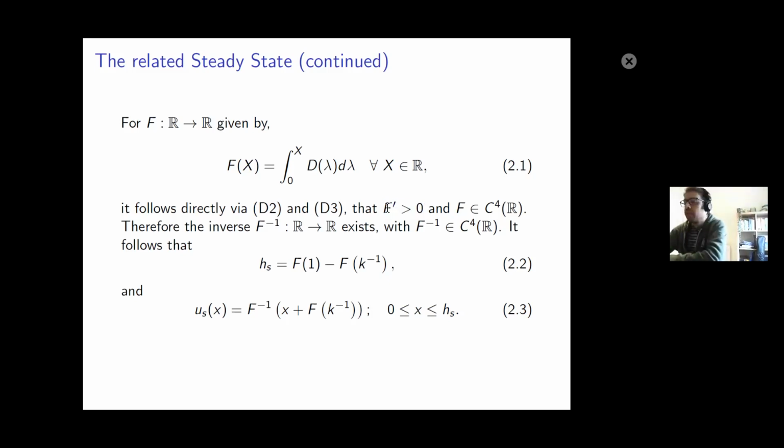Since the first derivative of f is strictly positive and it's nice and smooth, via the inverse function theorem there exists f inverse.